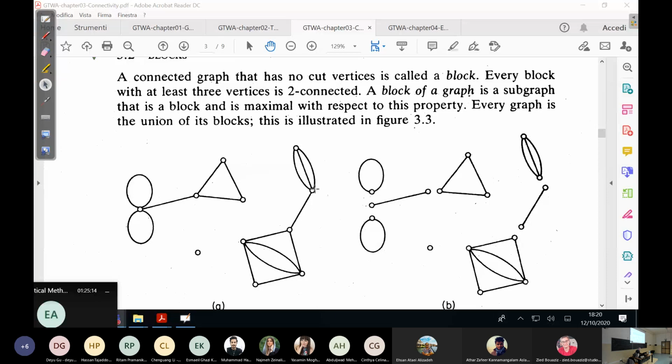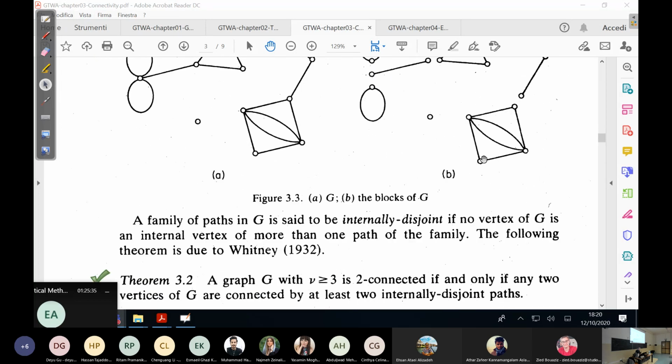And here again you can find a cut vertex here, a cut vertex here, and so these cut vertices will be the ones in common with this block and this block, or this block and this block. Blocks are also rather interesting when examining the connection of a graph.